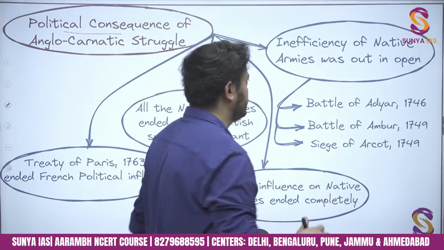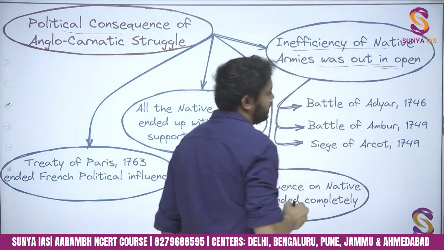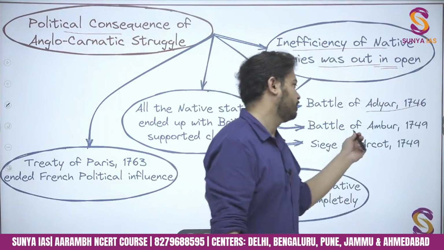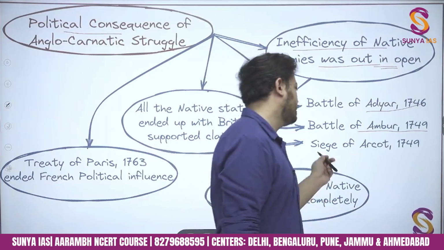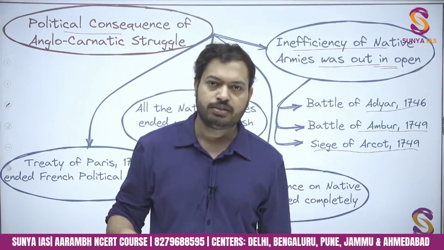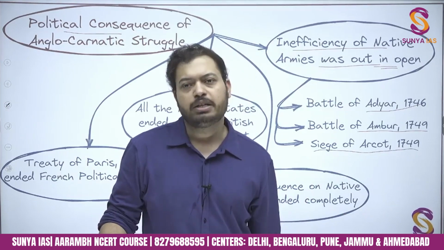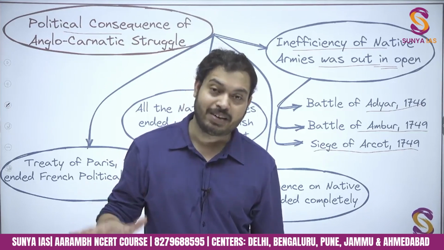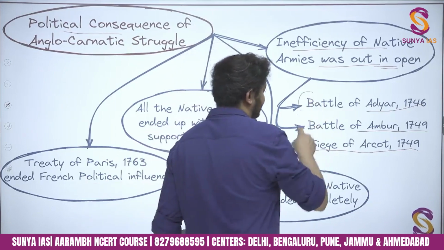So the inefficiency of native armies was out in the open, and that didn't only happen in the Battle of Adyar, but also the Battle of Ambur, where the Nawab of Arcot himself was killed, and then the siege of Arcot also, because in the siege of Arcot with 400 horsemen, Clive was able to take over the capital of Carnatic at that time against the Nawab of Carnatic himself. So all these three are examples of this.